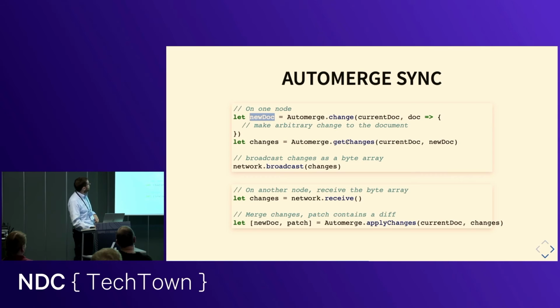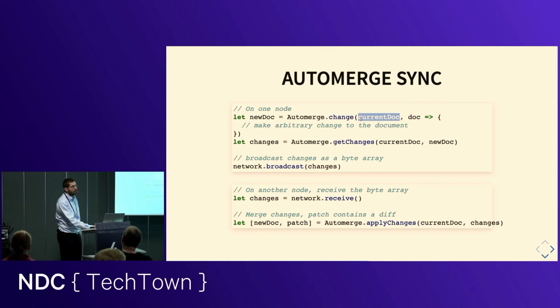And then you can do get changes to get the diff, basically, between your old state and your new state. And you can transmit those over the network. And then someone else receives them, and can apply them to their current state. And they'll end up with a new document that is identical to the new document up here, assuming that the current document was identical, right?